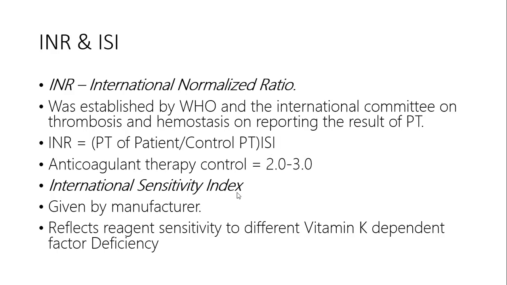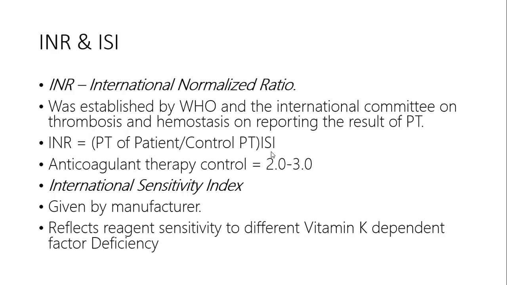This specific number is already provided by the manufacturer. So, kung ano ang ginbutang nga ISI sa kit nga gin-provide sang manufacturer, amo man na ang i-butang mo diri, i-carry mo diri sa formula in calculating the INR.